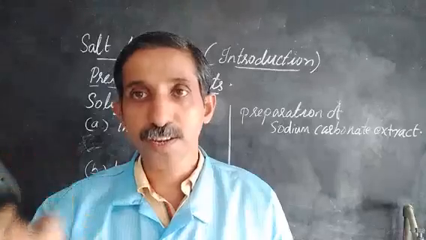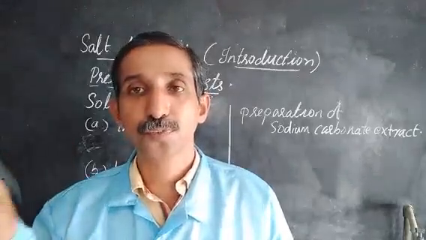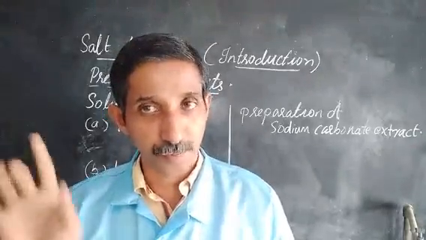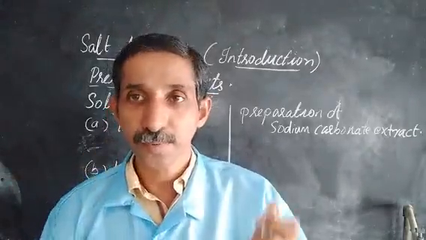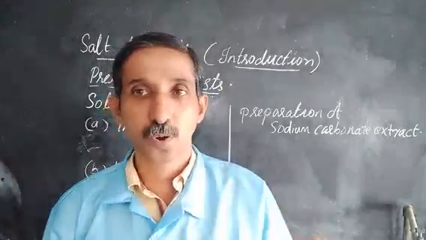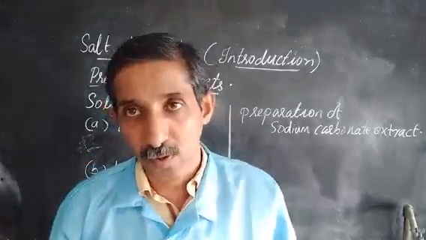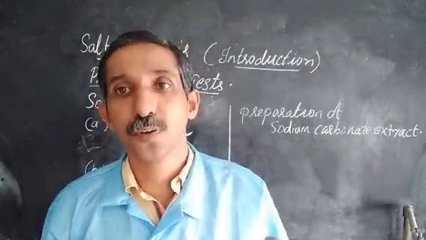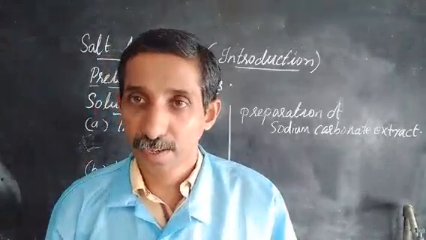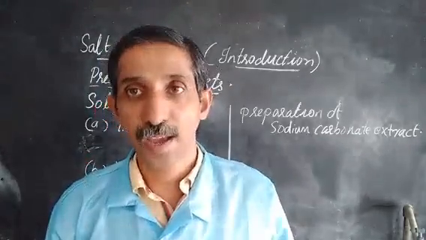This original solution is always used for the cation analysis. Remember, original solution means the salt dissolved in any of the three mentioned solvents, which is used for the test for cations, not for anions.